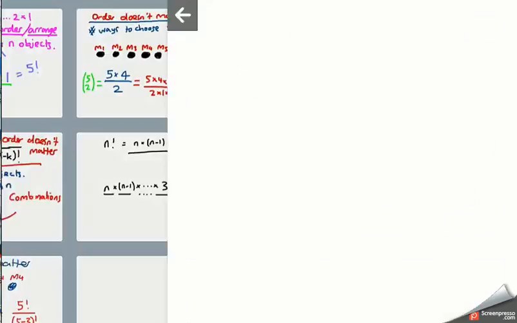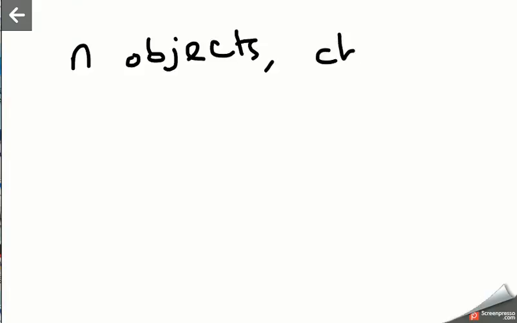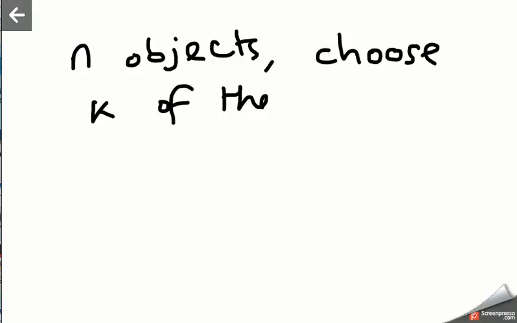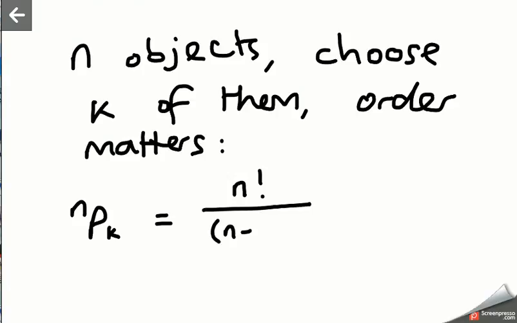Okay, let me write it out in general one time real quick. In general, when you have n objects, choose k of them, and order matters, this is equal to nPk, and that's equal to n factorial divided by n minus k factorial.